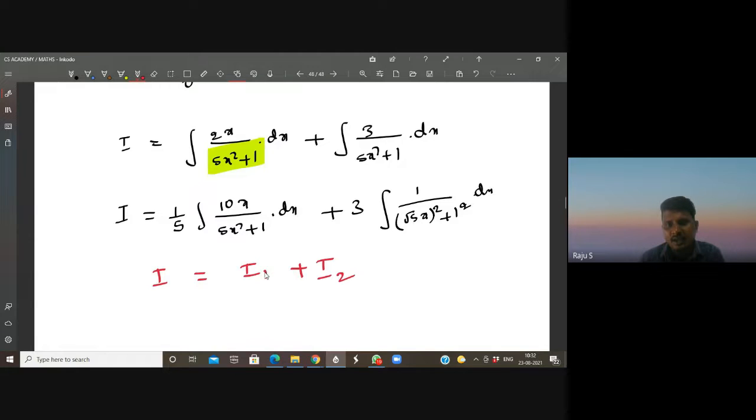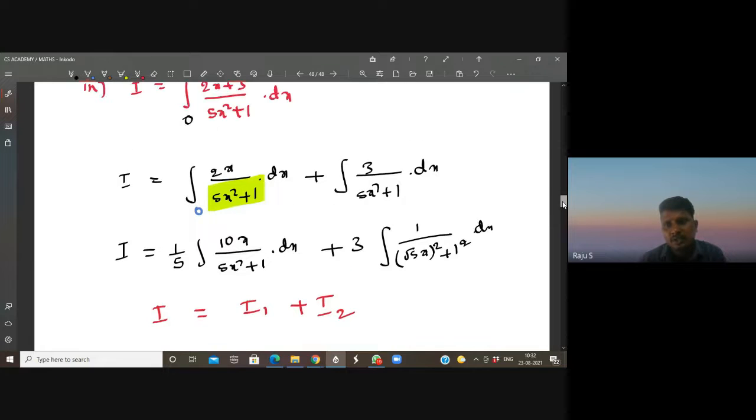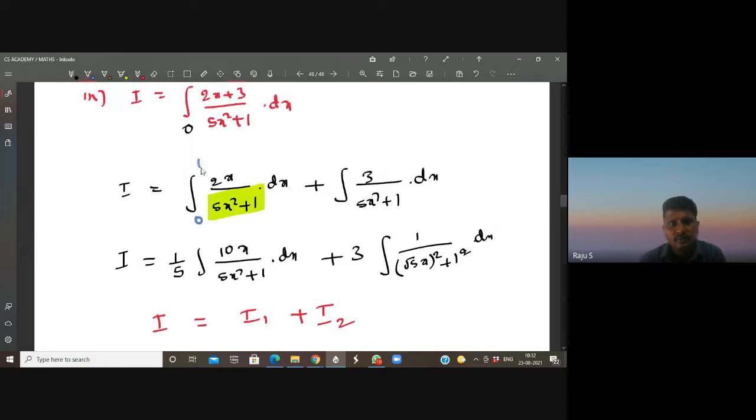You can evaluate I1 and I2 separately, then add both. And also remember students, your limits cannot be changed, your limits are the same. 0 to 1, here 0 to 1, here 0 to 1, here 0 to 1.